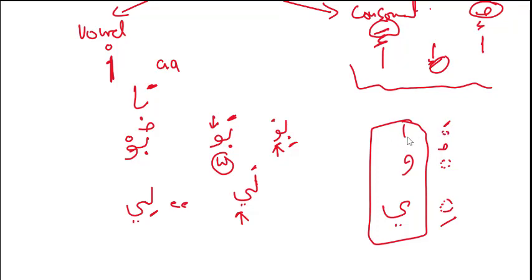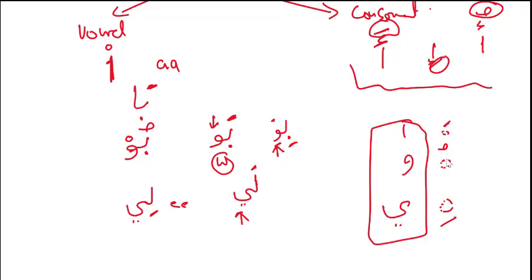You have to extend it, like ba, ta, tha. Same is the wow: if the preceding letter has dhamma, then this is a vowel. You don't pronounce it as wow, but as oo. And same is ya: if the preceding letter has a kasra, then this becomes e, not the ya sound, not as a consonant. So alif, vav and ya act as vowels only if the preceding letters have fatah, dhamma for vav, and kasra for ya.